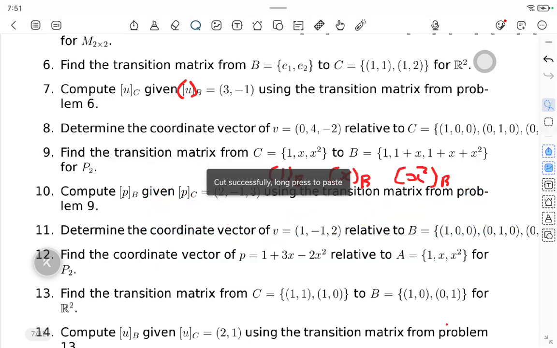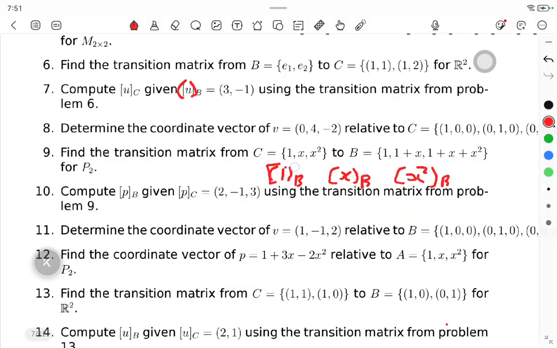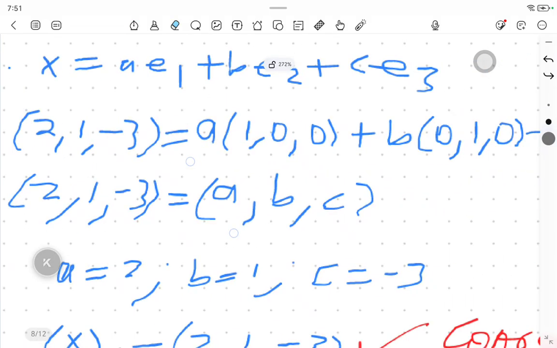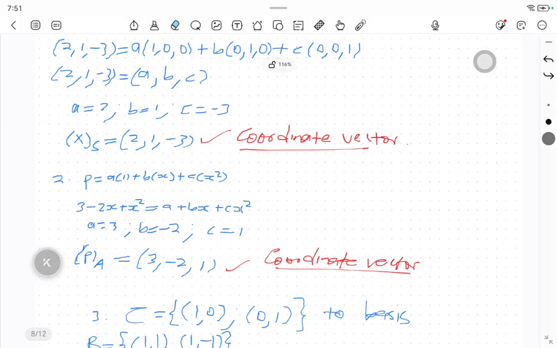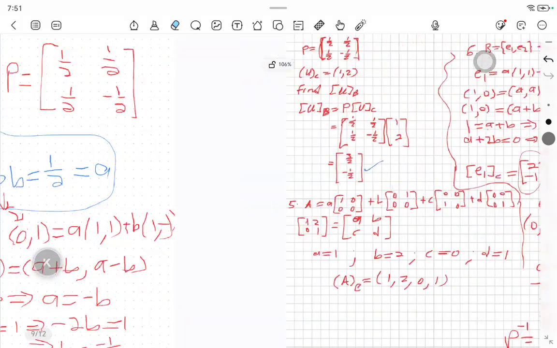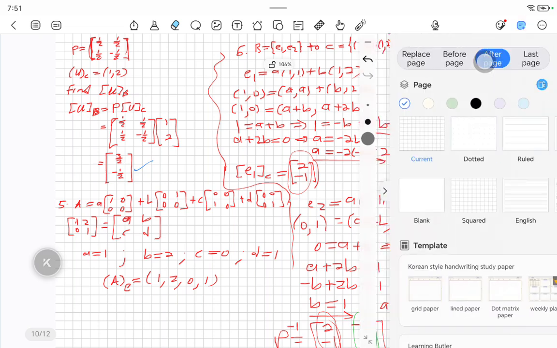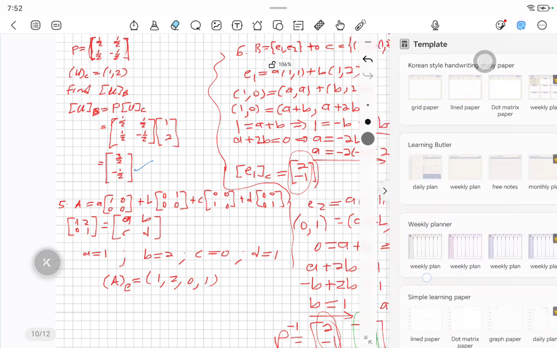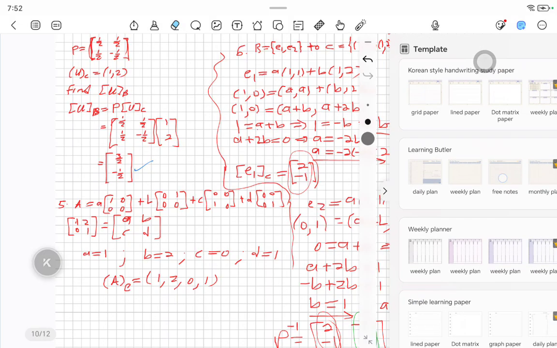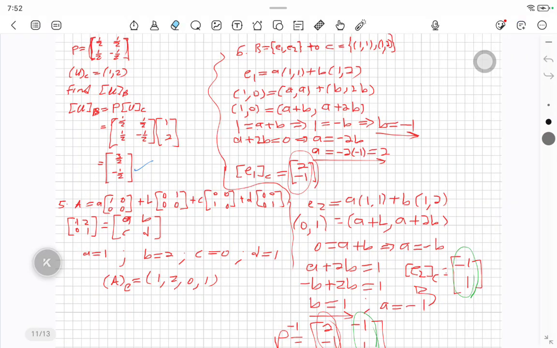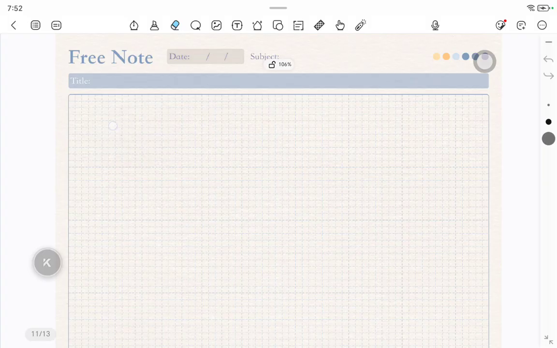Surely, since it's a transition matrix, we're going to find this. So we come and find them. Now let me put them here. So we have C to B, right?